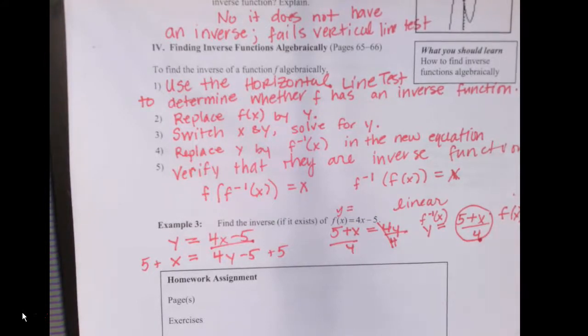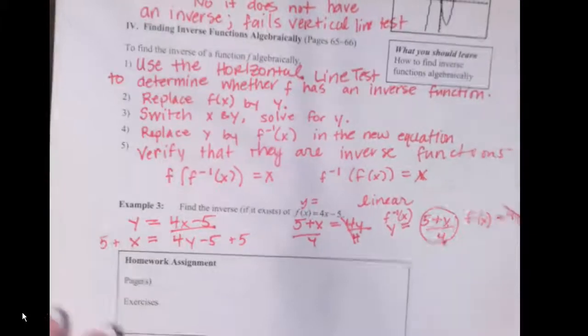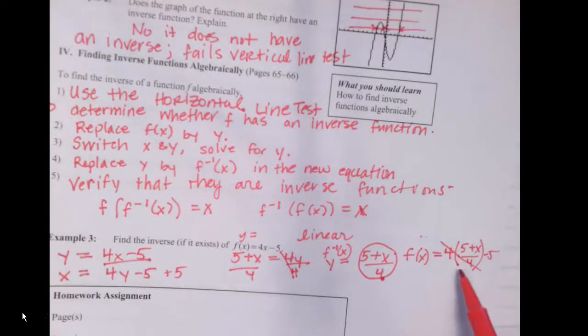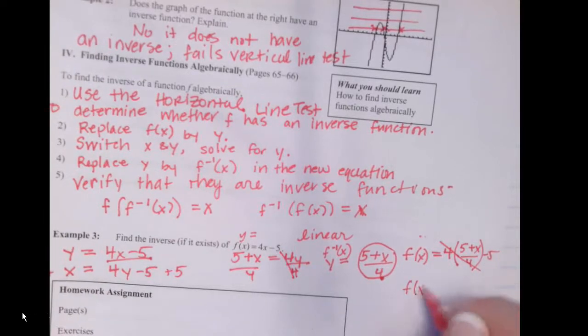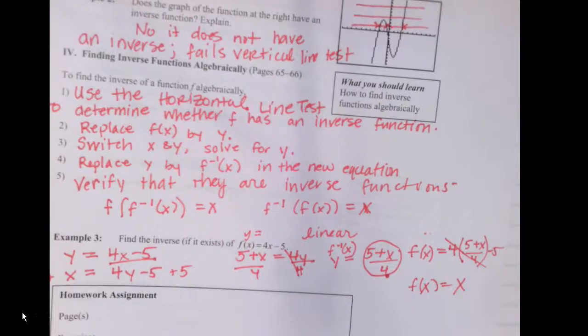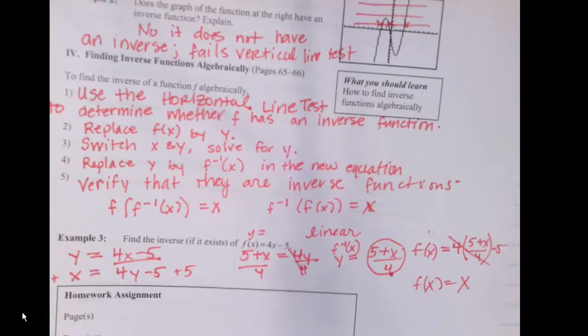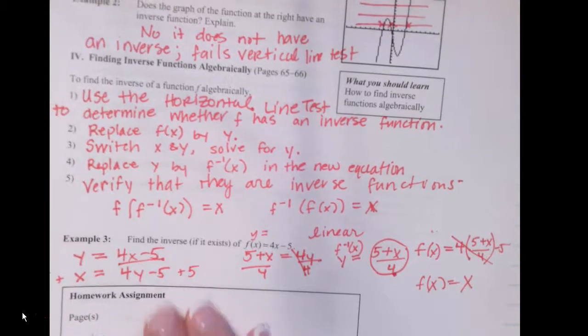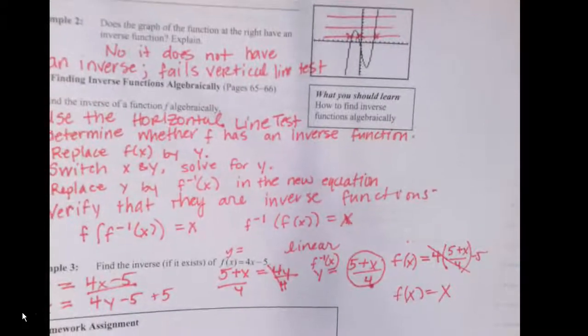So when the 4's go away, then we can see that we have 5 plus x minus 5. We're just going to get x, which means that that is the inverse. So we'll do some more of these problems in class, but otherwise these notes are finished.